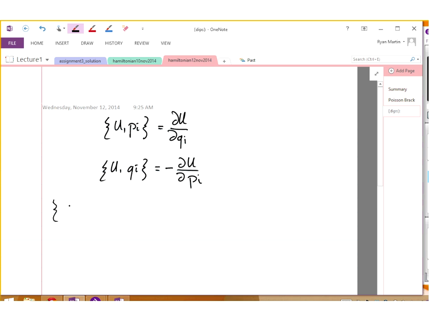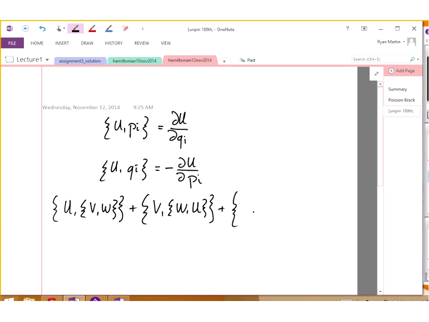So it's the Poisson bracket of U with the Poisson bracket of V and W, plus the Poisson bracket of V with the Poisson bracket of W and U, plus the Poisson bracket of W with U and V, is equal to 0.